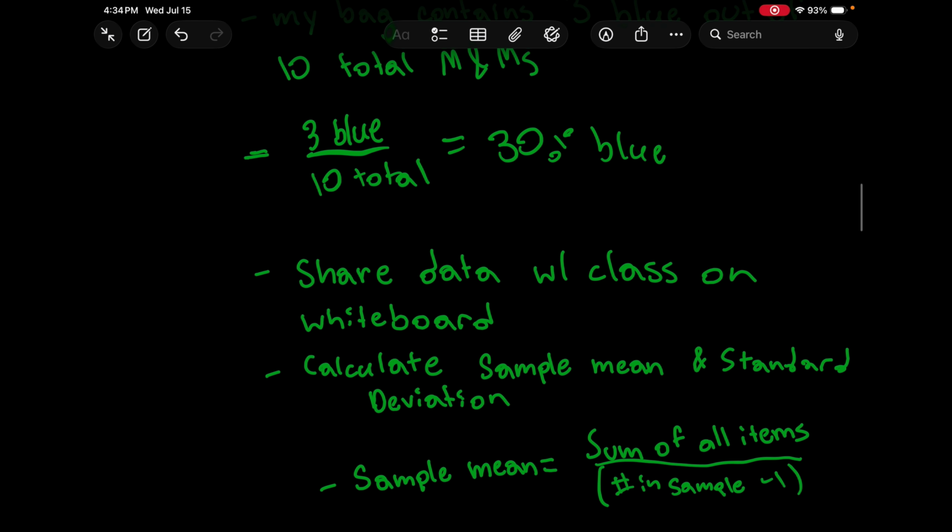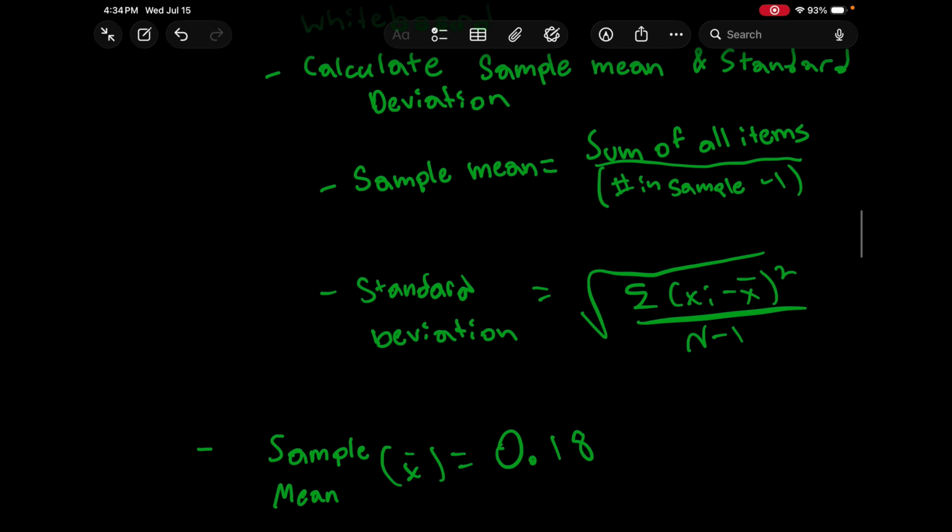Next, can anyone remind me how to calculate standard deviation? Yes, exactly. So it is the square root of the sum of our observed minus our average value squared, all over n minus 1. And we take the square root of this.